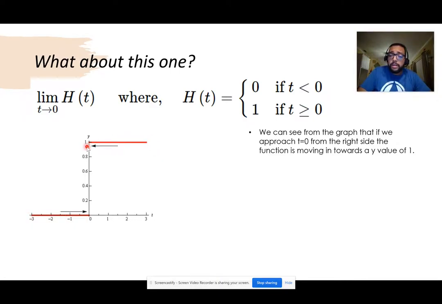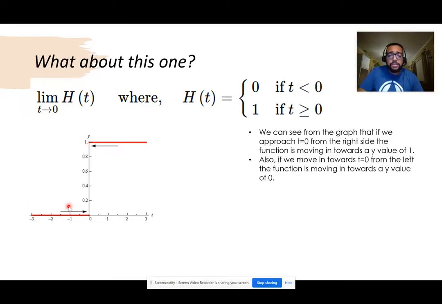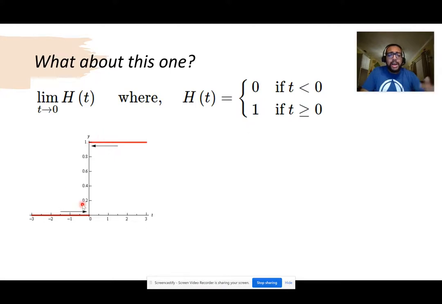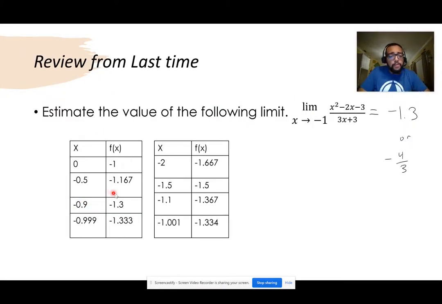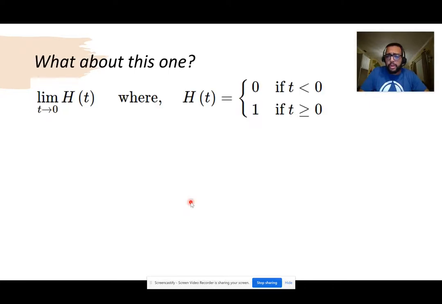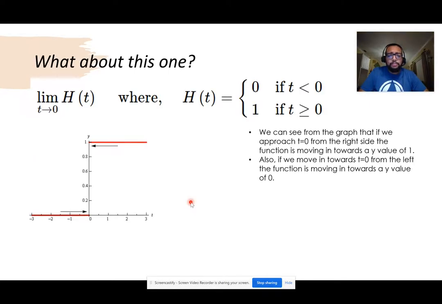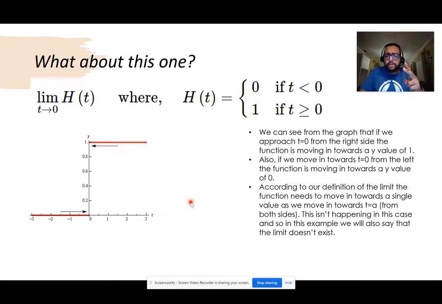But if we look at it from the left side, as it gets closer to 0, it's moving towards a y value of 0. That's weird. This one's approaching 1, this one's approaching 0, as opposed to the last one where they were both approaching -1.3. In this case, they're approaching two different numbers.